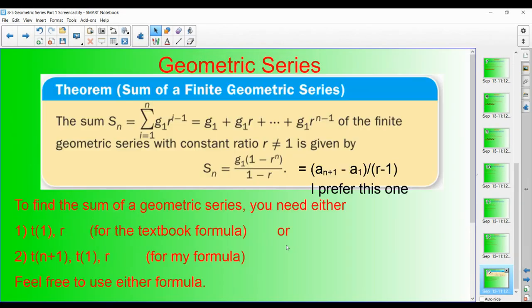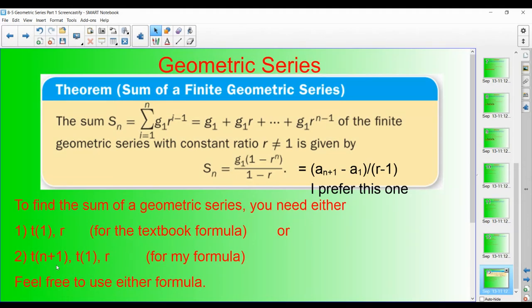Now the textbook provides a slightly different formula, but it's the same thing. They like the first term, the multiplier, and the number of terms. So either way, you need to know the number of terms, you need to know your ratio, and you need to know your first term.